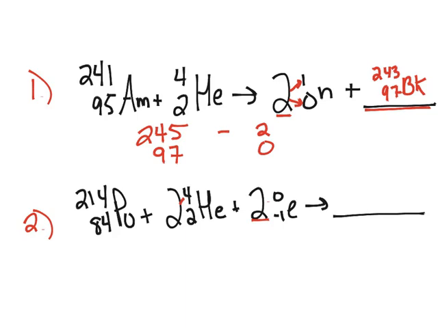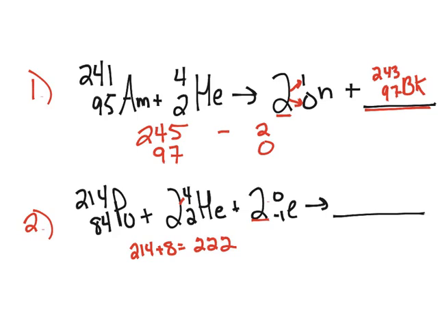So on the top number on the left-hand side, I've got 214 plus 2 times 4, which is 8. If I write it out, that's 214 plus 8, which gives me 222 so far on the left-hand side.